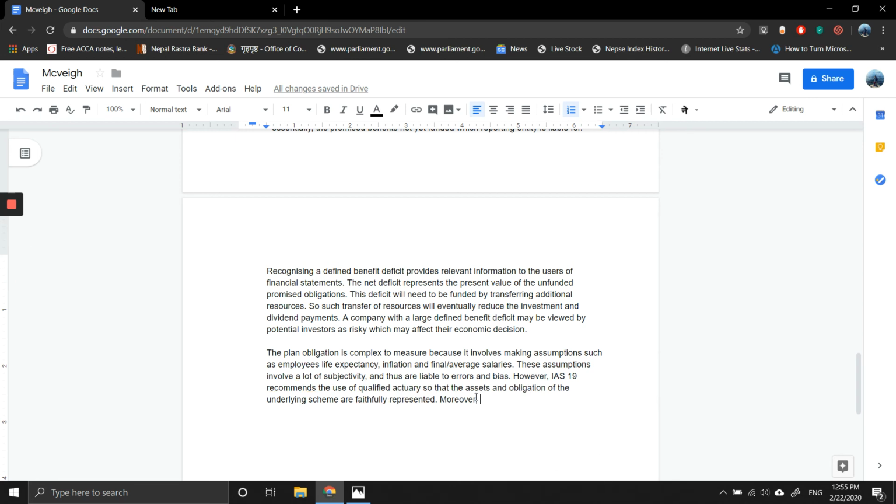Moreover, the standard requires extensive disclosures to enable users to understand the estimation techniques used and the sensitivity of the deficit to wider economic change.